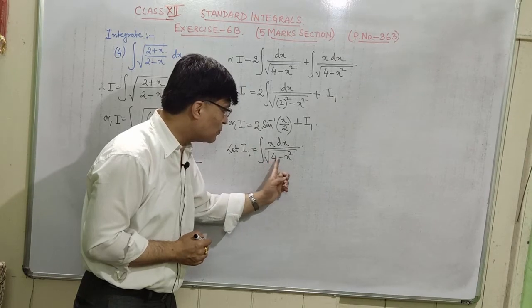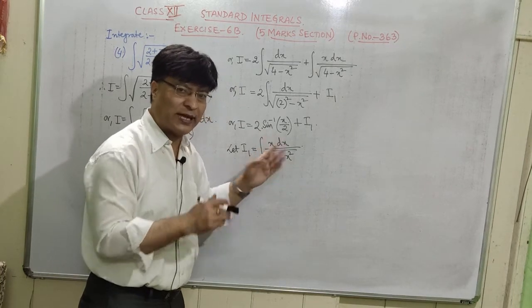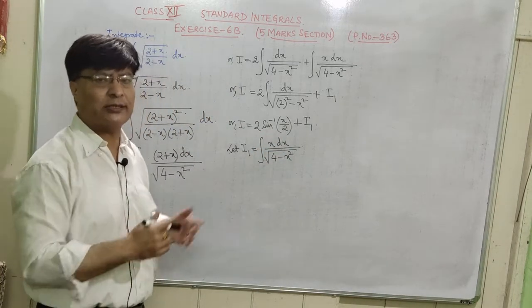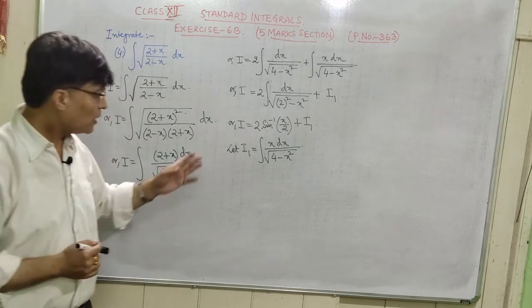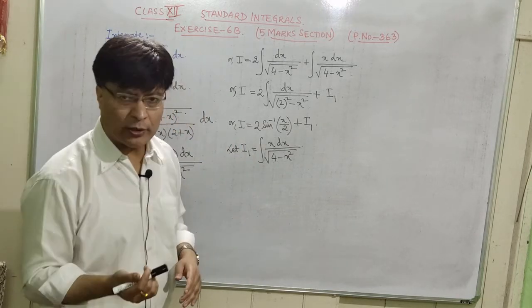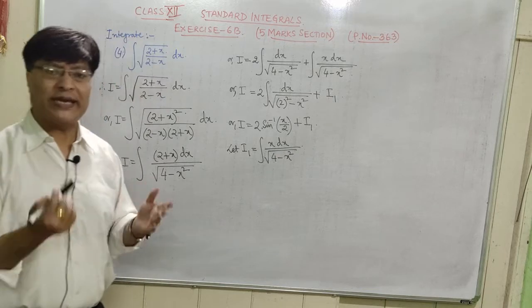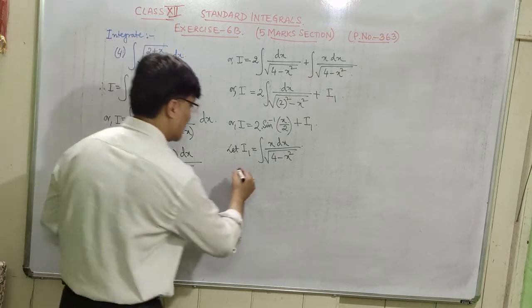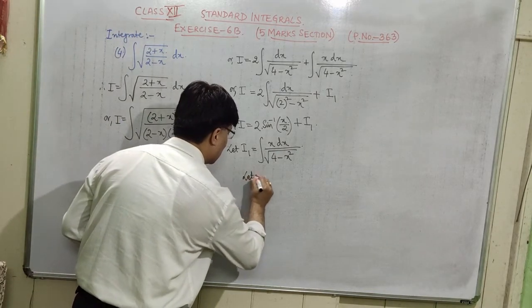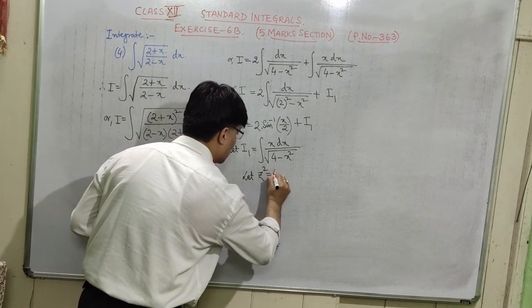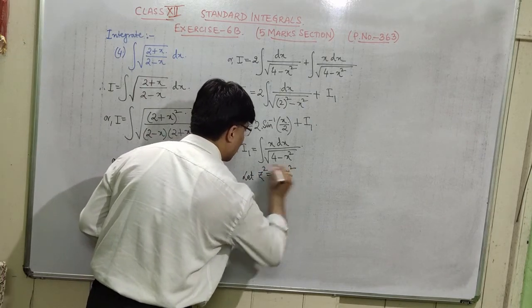If you differentiate 4 minus x square, you will get minus 2x. That means we are getting x, which is in the numerator. And since the expression is under square root and in the denominator, we can assume z square. So let z square is equal to 4 minus x square.